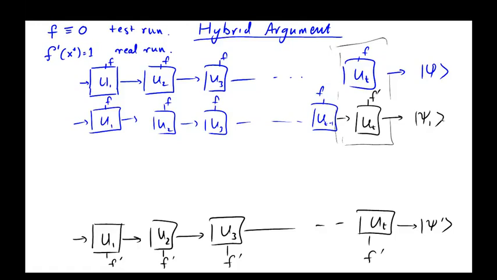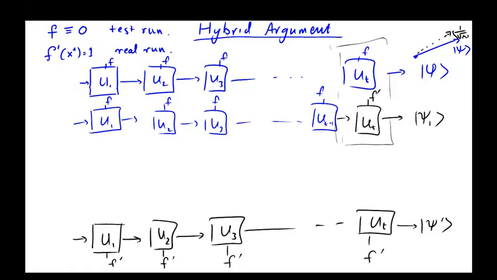So if this was the output state psi, then it changed it to some new state, which is roughly 1 over square root n away from the old one. We don't know in which direction the change is, but it's at most 1 over square root n away.